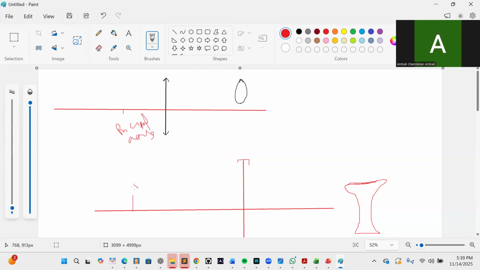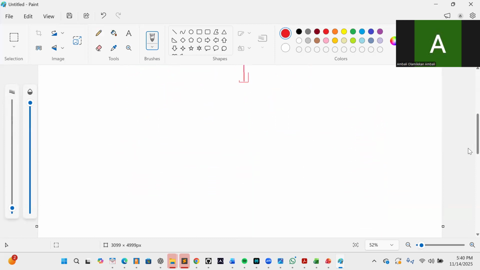And then the point where the principal axis goes out is called another point, and it's where the rays go on the vector.